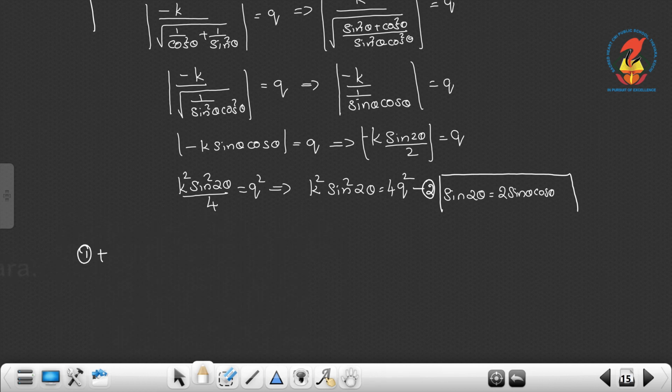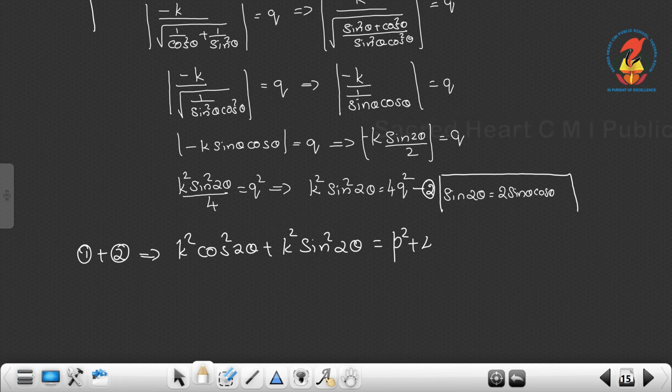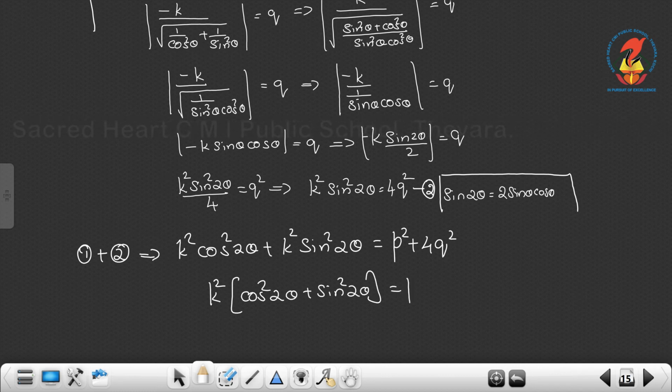So 1 plus 2 implies k square cos square 2 theta plus k square sin square 2 theta is equal to p square plus 4q square. Or k square is common, taking out cos square 2 theta plus sin square 2 theta, equal to p square plus 4q square.